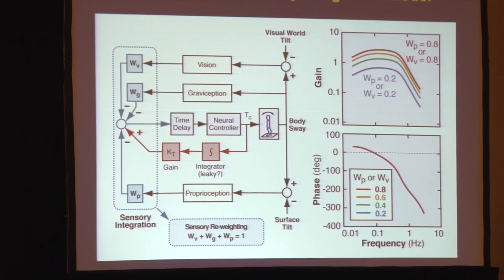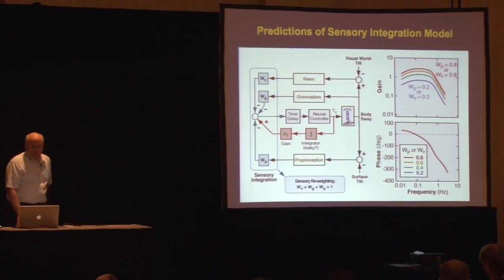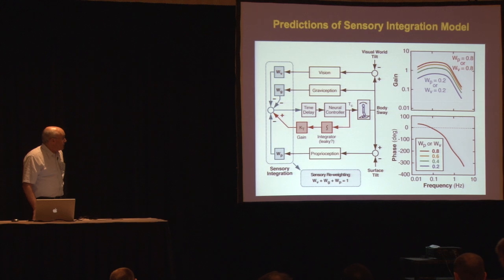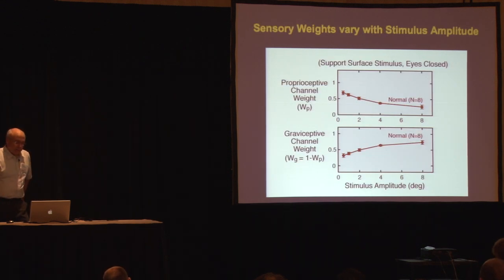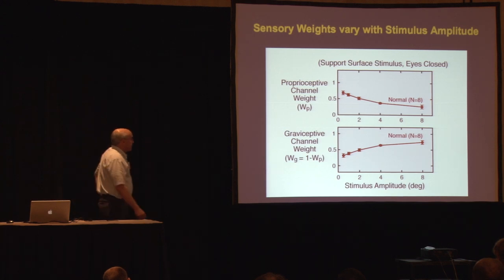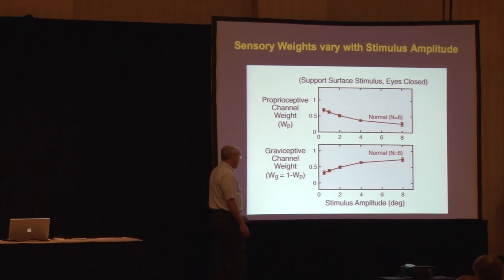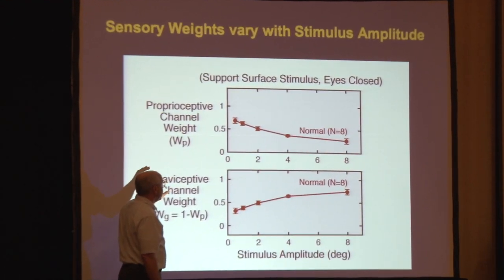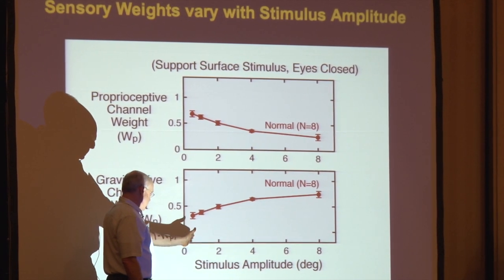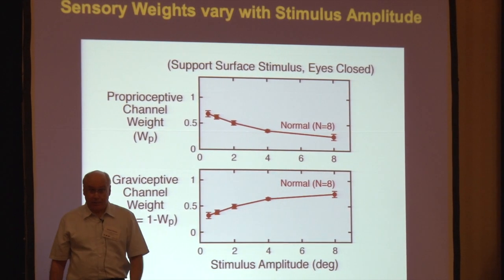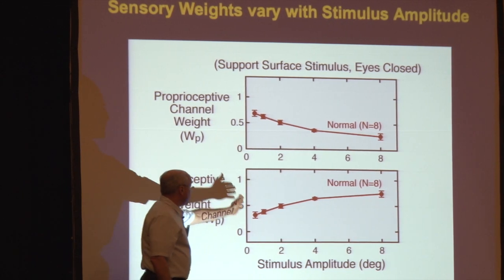You can do a curve fit of the parameters of the differential equation represented by that block diagram and estimate all those parameters, including the sensory weights, as Herman showed you already. This is an eyes closed condition, with the surface tilting at this very low stimulus amplitude, which you can't even perceptually detect that you're being stimulated.